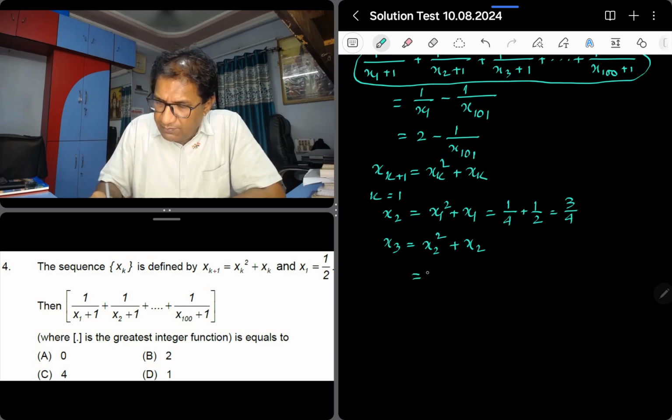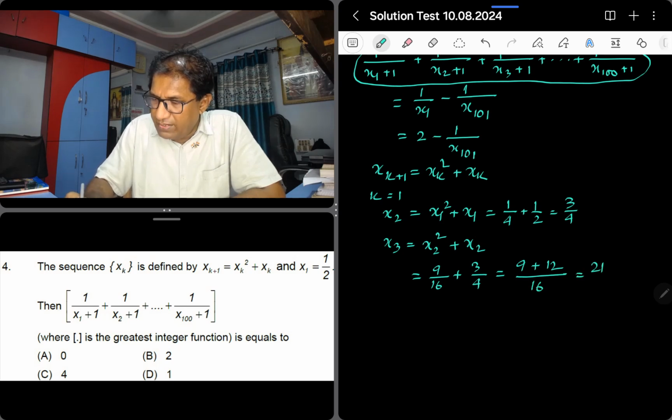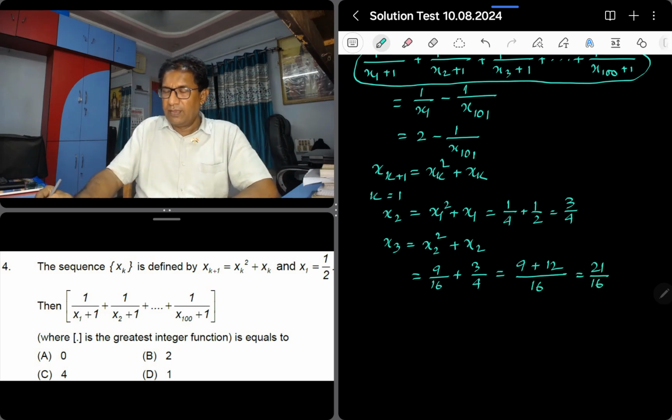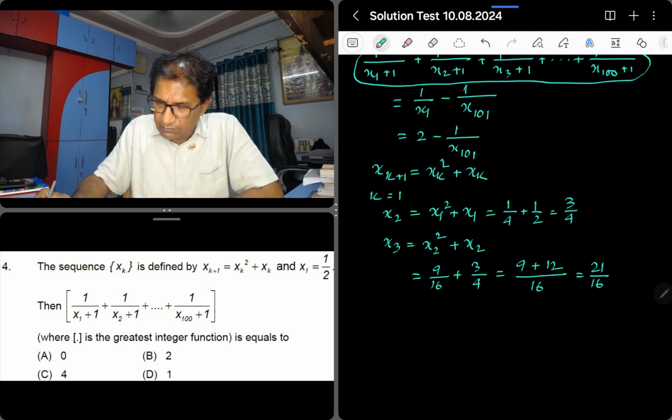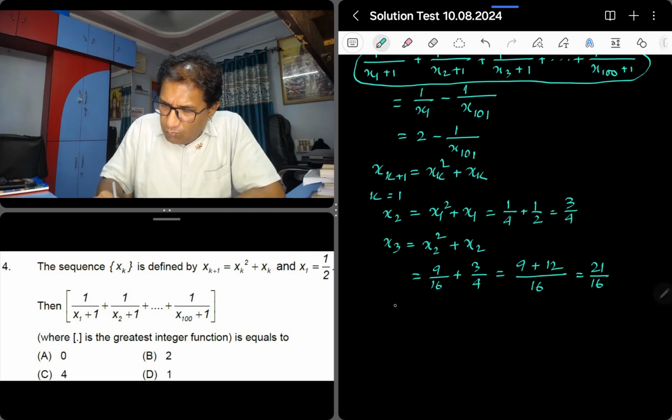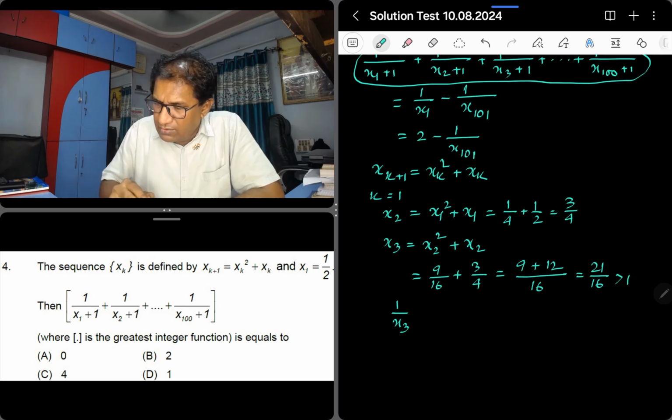So this gives us, if we simplify, 9 plus, 21 over 16, right? 21 over 16. So we can easily see that x3 is greater than 1, so 1 over x3 will be less than 1, right?